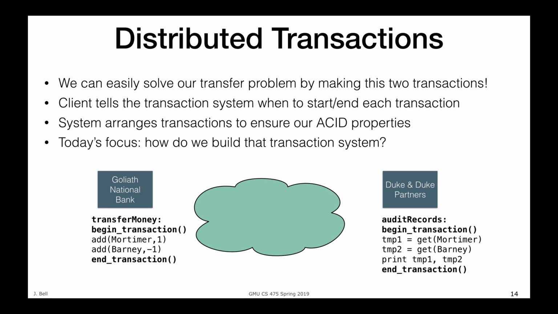Our client will tell the transaction system where to start and end the transaction, and then the transaction system will arrange these transactions in some way to ensure that those nice ACID properties exist. So our focus today is how we build the system that will take this transaction and this transaction and execute them both concurrently at this bank and this bank, separated by this cloud network in the middle.